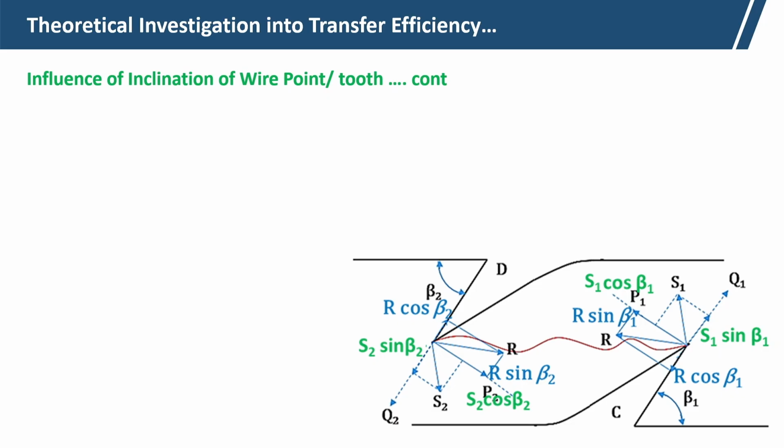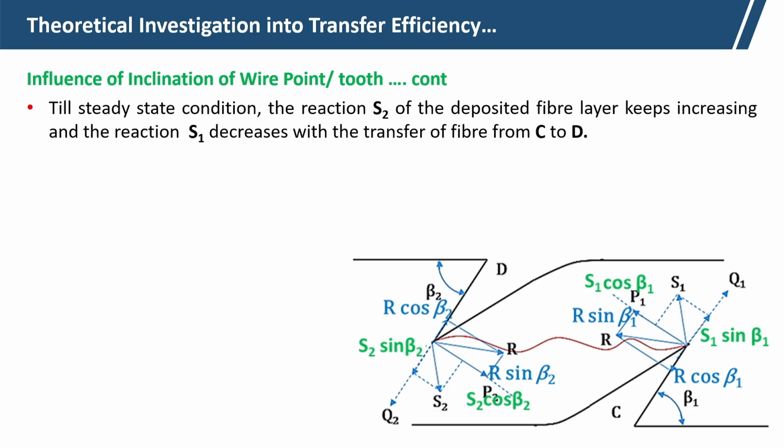So, the influence of inclination is continuing. Till the steady state condition is reached, the reaction S2 of the deposited fiber layer keeps increasing, and reaction S1 is decreasing with the transfer of the fiber from C1 to C2, C to D, cylinder to doffer.